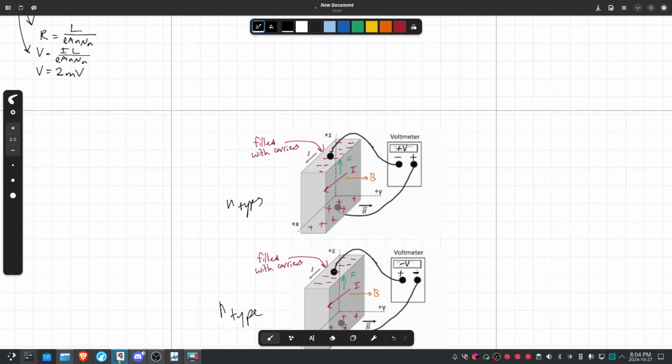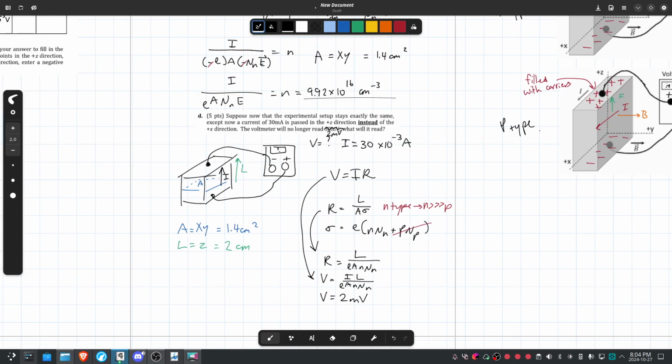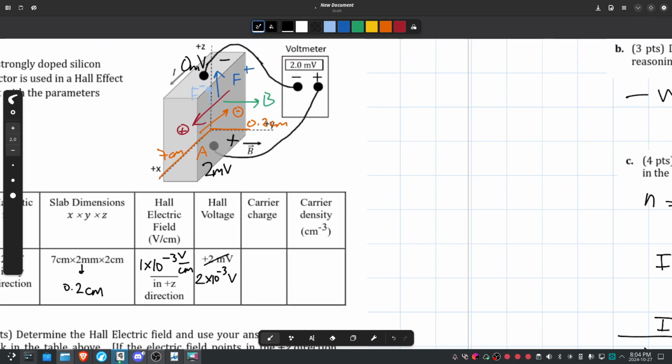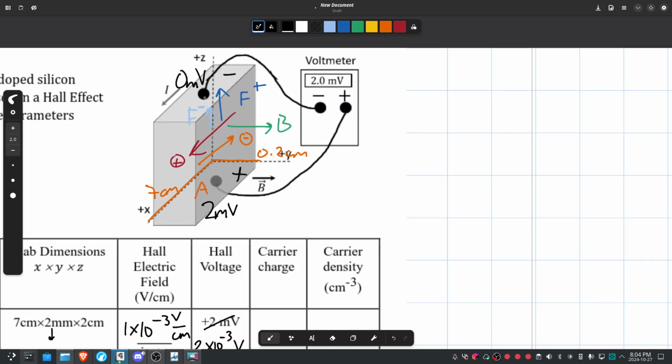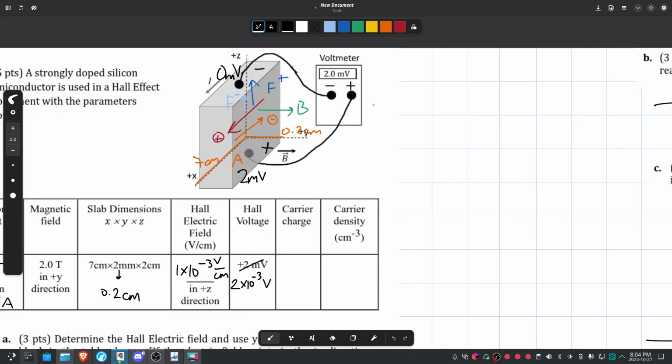So in this case, we didn't know what the charge was at the top. We knew that all the charge carriers were going to the top based on the right-hand and left-hand rule, but we don't know what the charge carrier is. But we know that the voltmeter is positive.